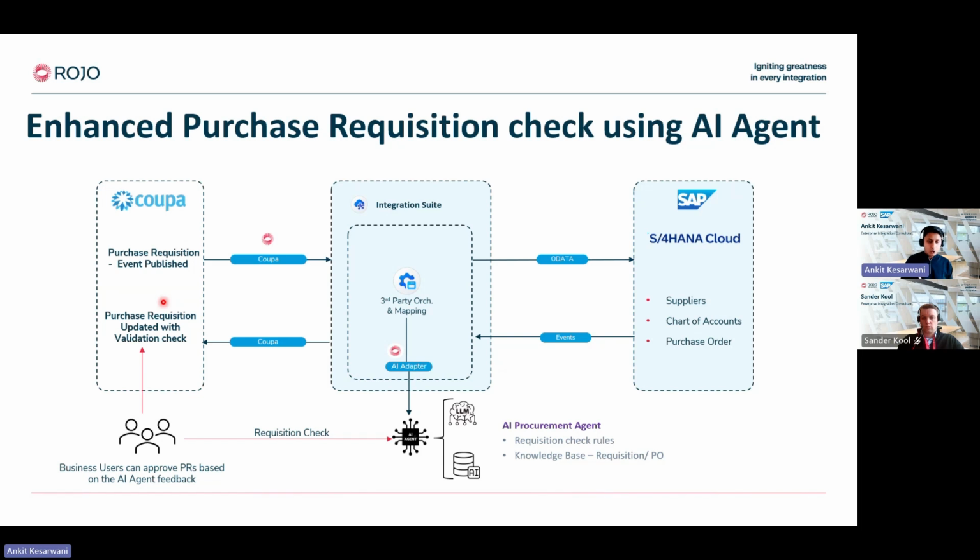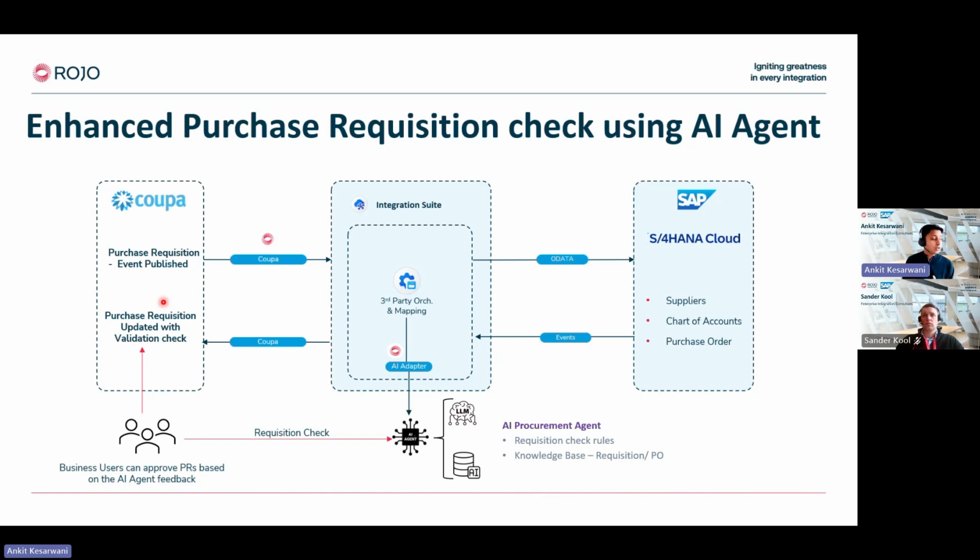So rather than doing all those checks manually and putting them in the UI, which sometimes is not even possible, this is the approach which was taken. It's a combination of integration plus interaction with the procurement agent using the AI adapter.